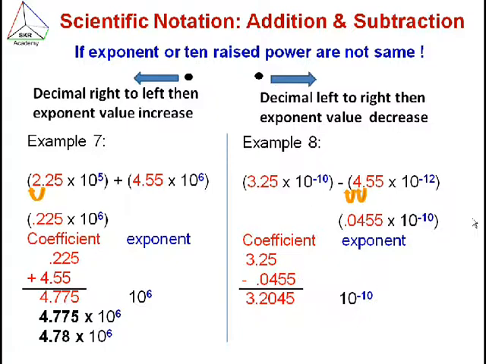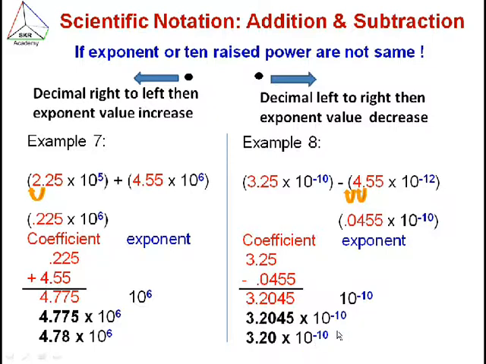So now you can see that on both sides the exponent of 10 is the same, so we can write it in the answer. And then the final answer will be 3.2045 times 10 to the power minus 10, and if we use the significant figure and rounding rule, then the final result will come 3.20 times 10 to the power minus 10.